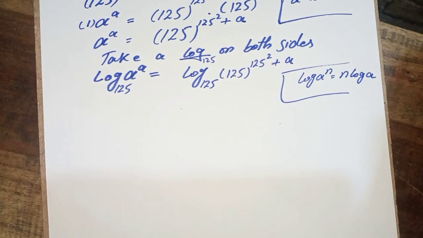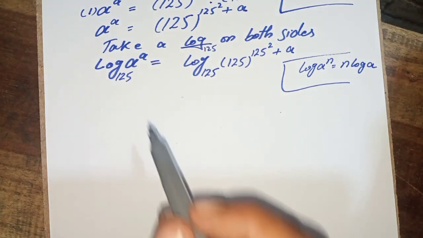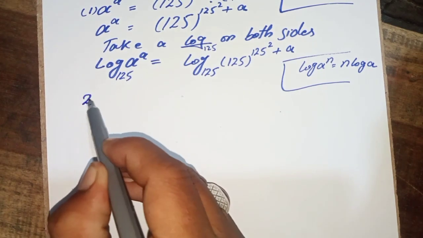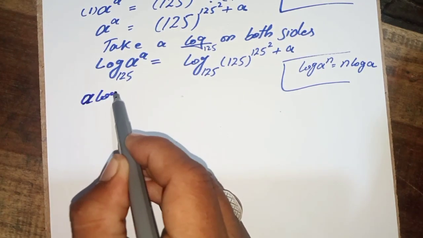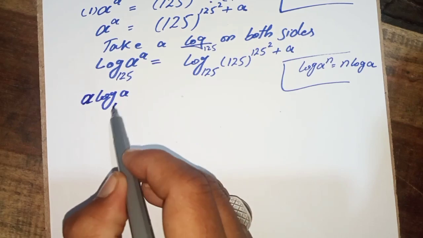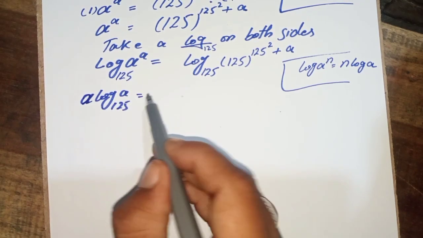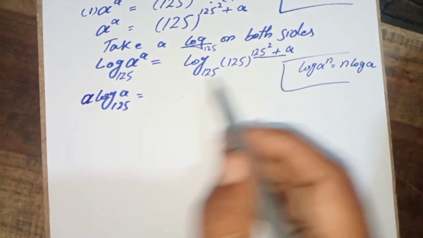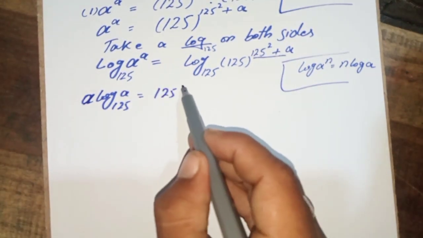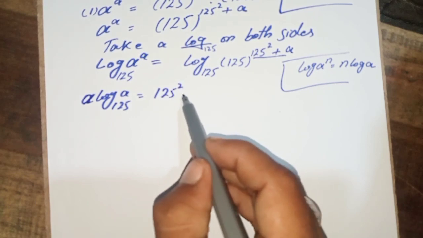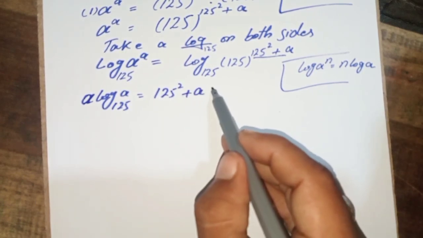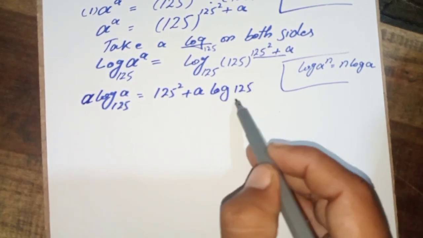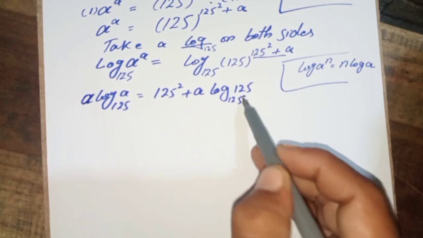So students, the left side becomes a log base 125 of a, and the right side becomes (125^2 + a) times log base 125 of 125.